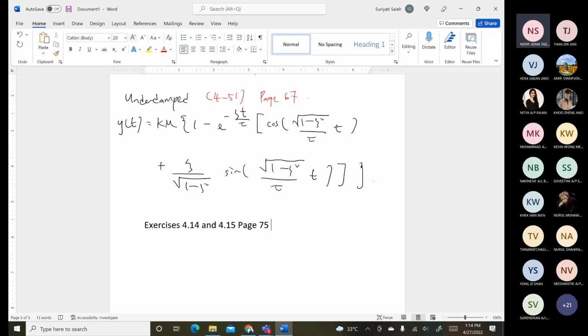Those who have the third edition textbook, you can refer to this question. For the new textbook, I think we have the equation, only we need to find the proper equation, because I think the chapter is a little bit different.